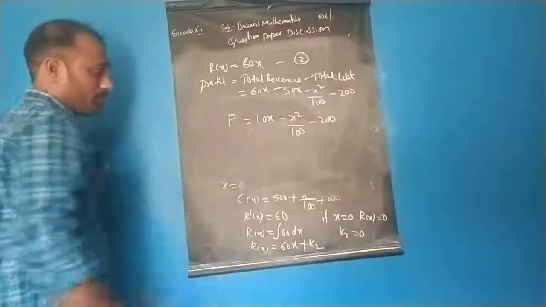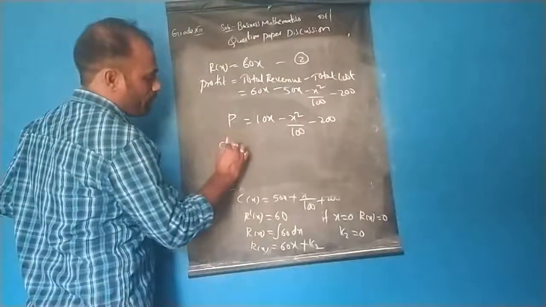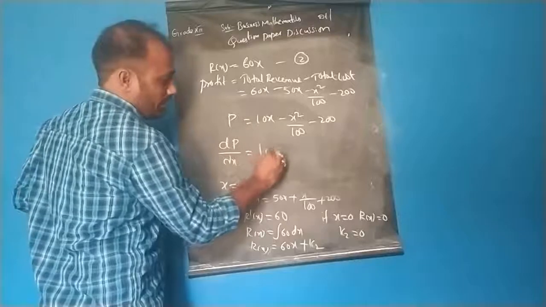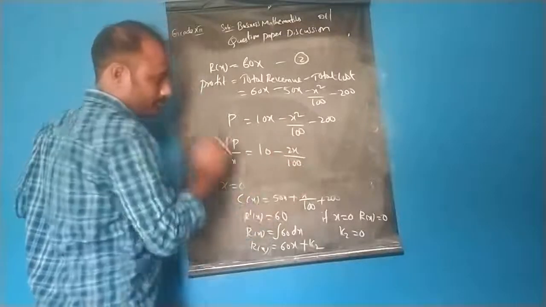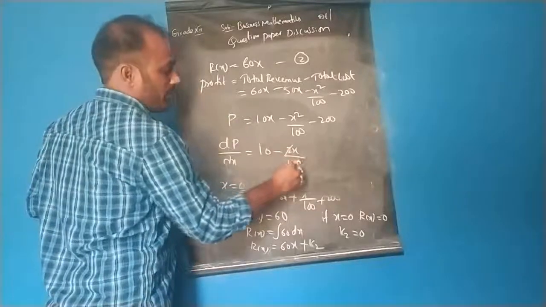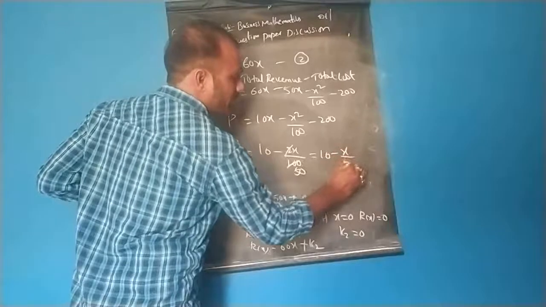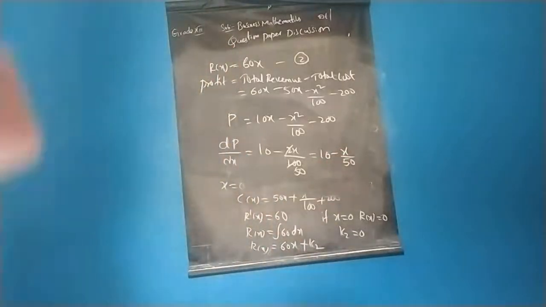This is total profit. But he is asking the maximum profit. So if I do differentiation on both sides with respect to x, dP by dx is equal to 10 minus 2x by 100. So it will be x by 50. That is 10 minus x by 50. So this is dP by dx value.